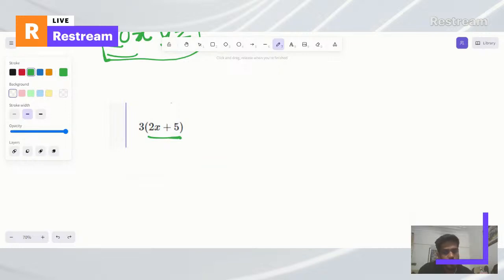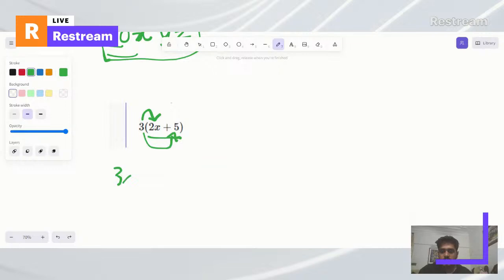Okay, so somebody's answer is going to be 6x plus 15. Yeah, that's right. That's absolutely right. So what did one person do in the comments? They first multiplied 3 with the first term, and then they multiplied 3 with the other term as well.